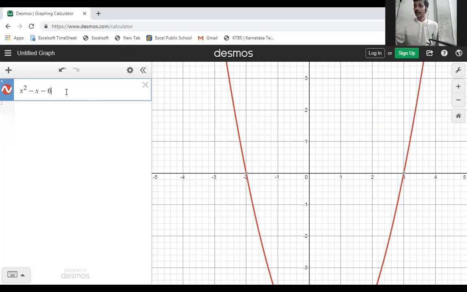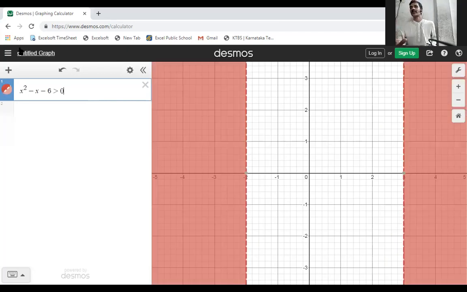Now we should know the quadratic inequality. We solved the first problem, greater than 0. See what you got, which region is shaded. The region shaded is on the x less than -2 side, highlighted, colored, and x greater than 3, this side it is shaded.